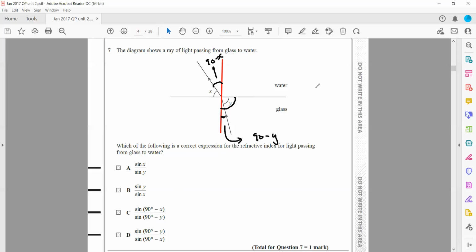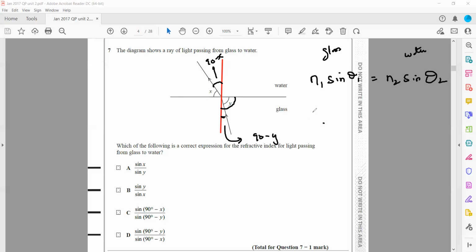And which of the following is the correct expression for the refractive index for light passing from glass to water? So we have Snell's law. What is Snell's law? It states n1 sin theta 1 equals n2 sin theta 2. This is the refractive index of the glass, and this one is the refractive index for water. So medium 1 is glass, medium 2 is water.